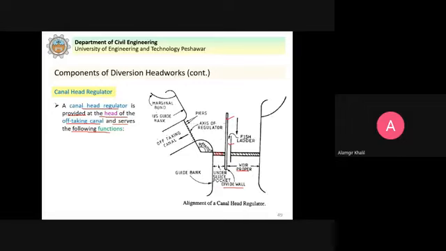This will be a gated structure, and by operation of the gates, the flow of water into the off-taking canal is controlled. It is stated that for best conditions, this angle should be 90 to 110 degrees.